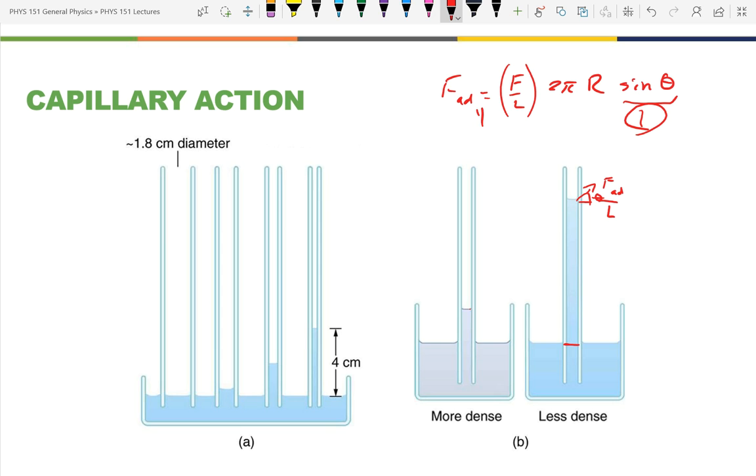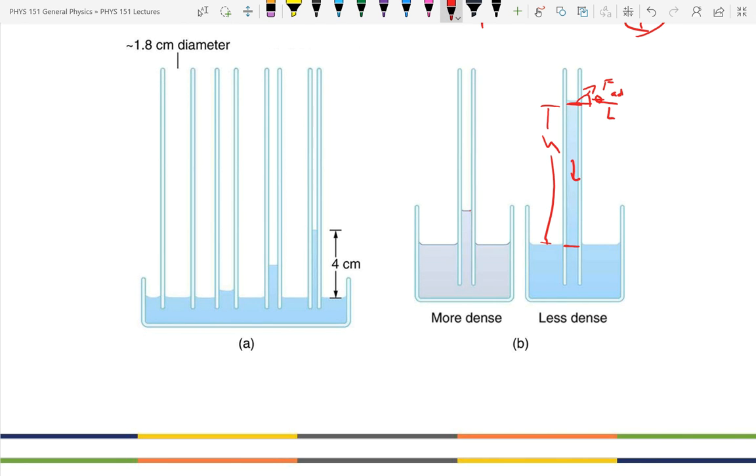Now, if we look at this column, it has a height of h and a radius of r. Then I'm going to have the force of gravity on this column. Force of gravity is equal to mg, which is rho V g, which is the density times pi r squared times h times g.